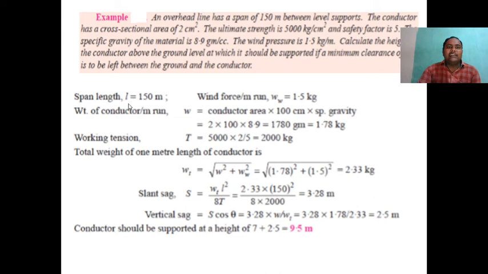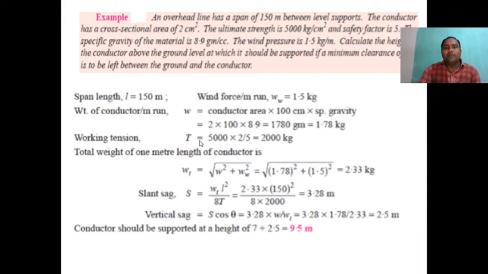The span length given is 150 meters, wind force per meter given is Ww = 1.5 kg. Weight of conductor per meter run, W, is equal to conductor area into 100 centimeters into specific gravity, so we get 1.78 kg.